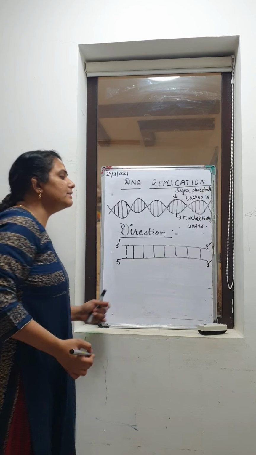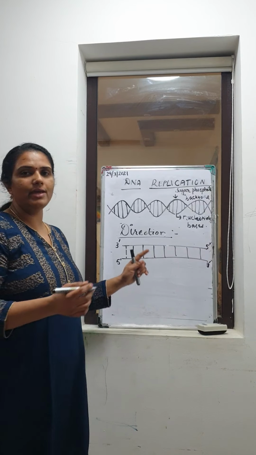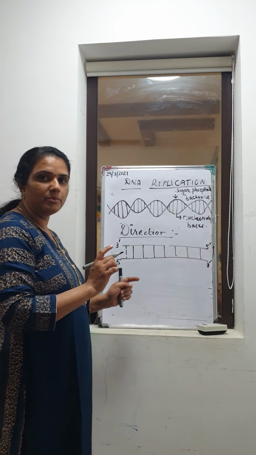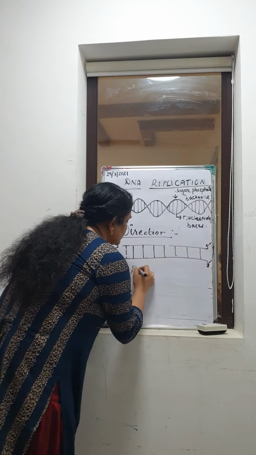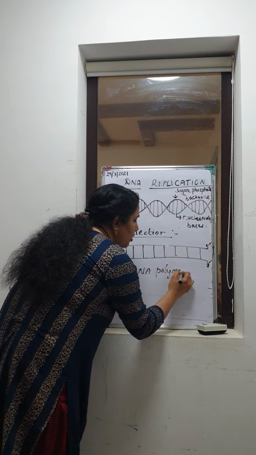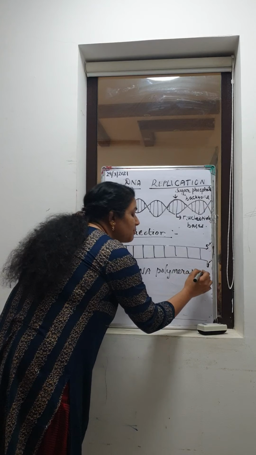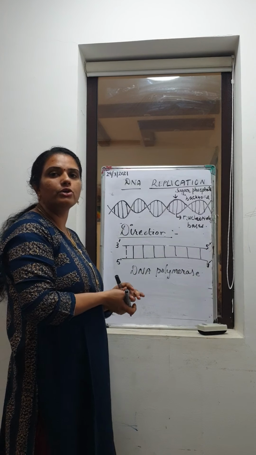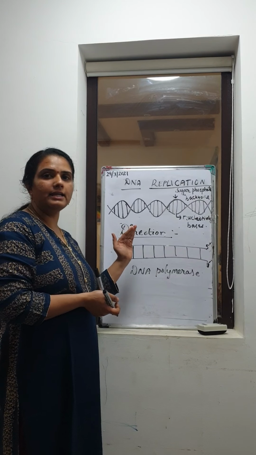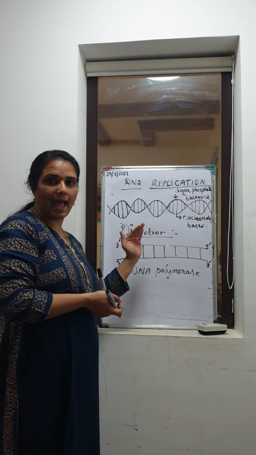Why is this direction very important? Why we have to learn this direction is because there is another enzyme, which is called DNA polymerase. DNA polymerase is another important enzyme which is responsible for the addition of nucleotide bases. I told you, if adenine is present in the template, thymine will be added, isn't it?